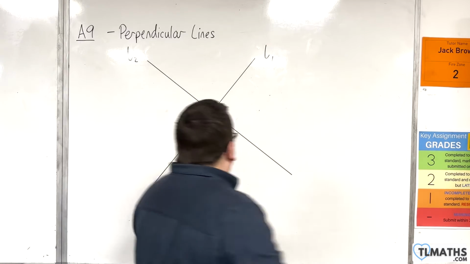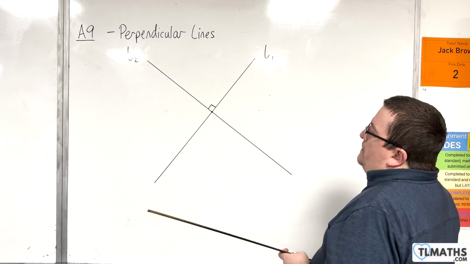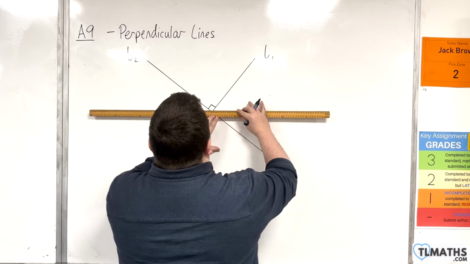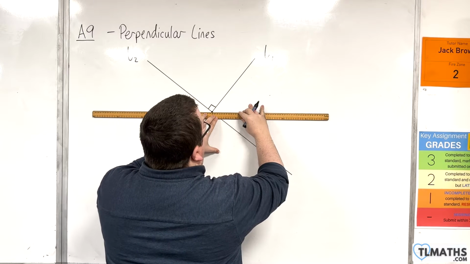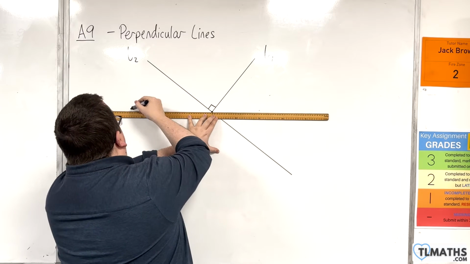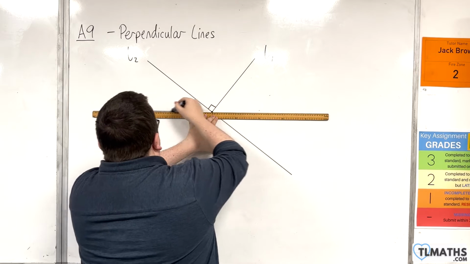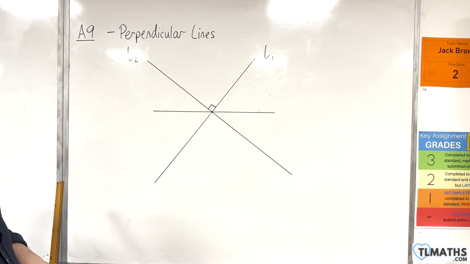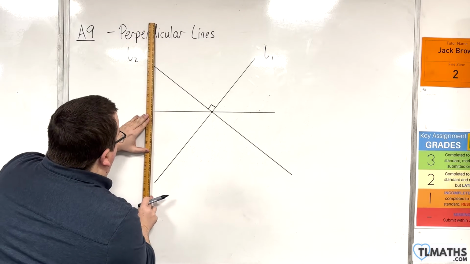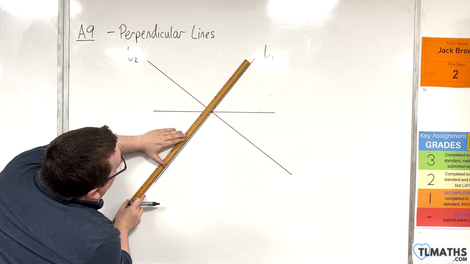So the way to do this is I'm going to draw a horizontal line, a horizontal line going through that point of intersection. So here's my horizontal line. Okay, and then I'm just going to drop a perpendicular down. So I need that line to be a little bit longer.